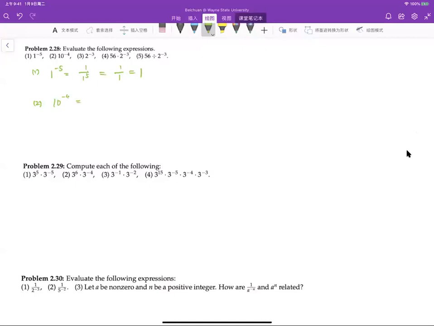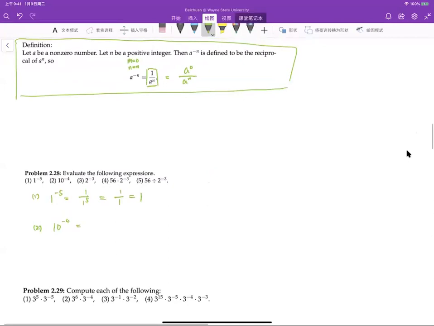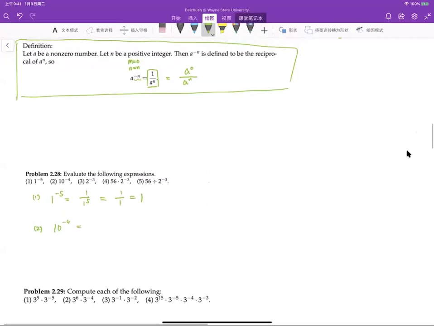If you recall the definition above, when the exponent is negative, we just take the reciprocal. So that will be 1 over 10 to the fourth, which is 1/10,000. All right. How about the third one? Does anyone want to do it?